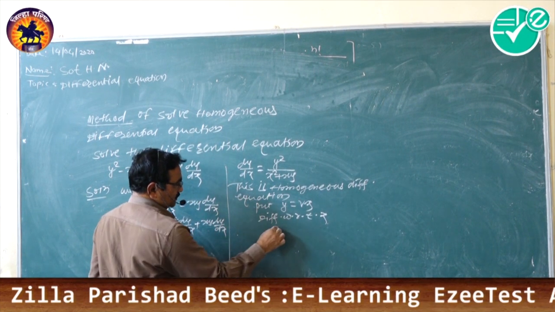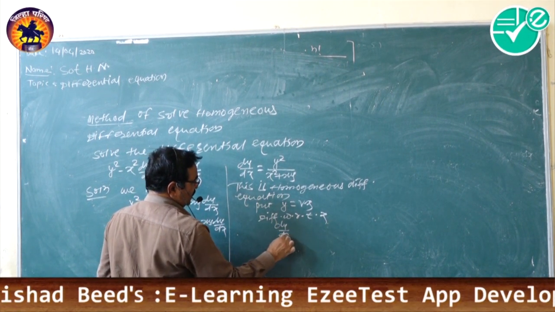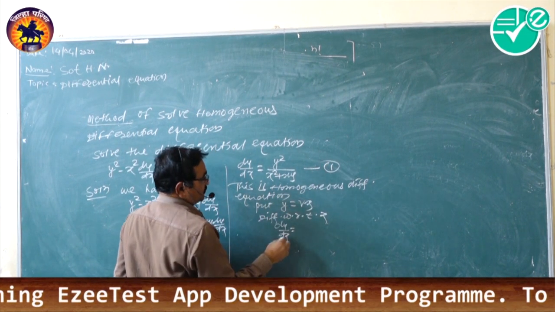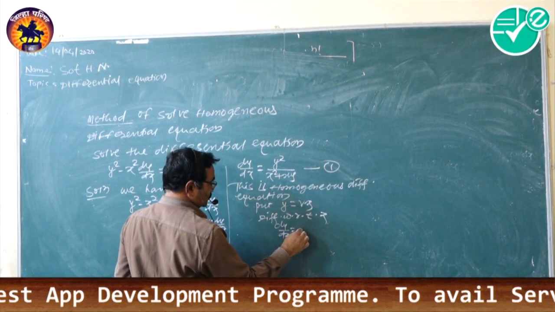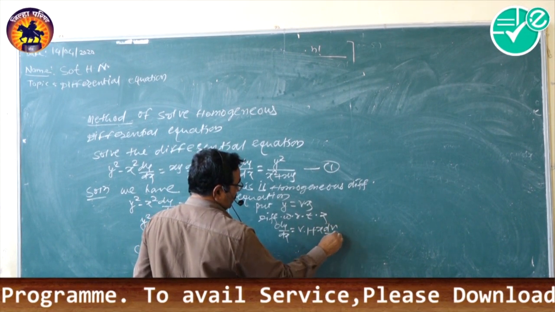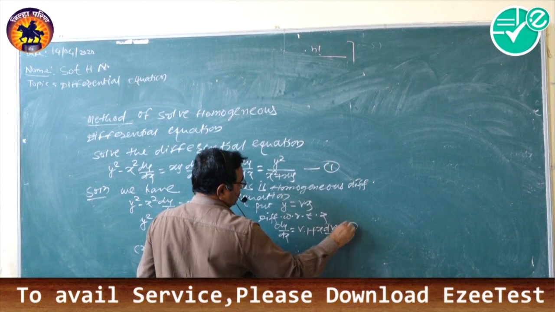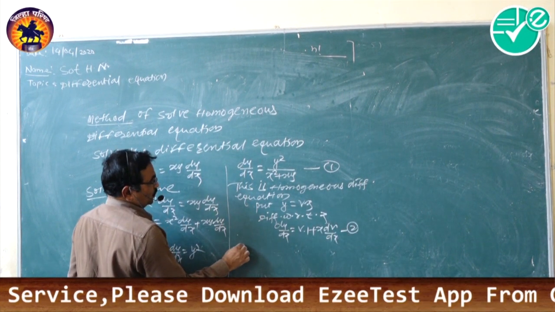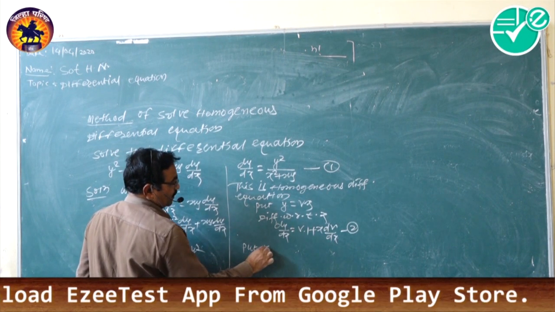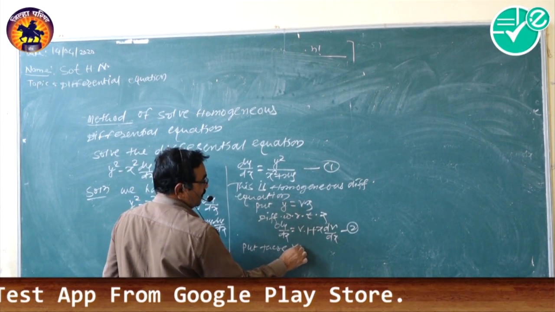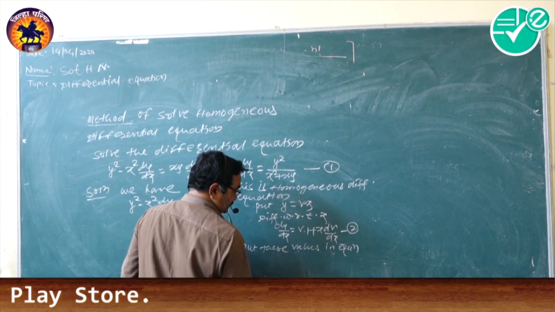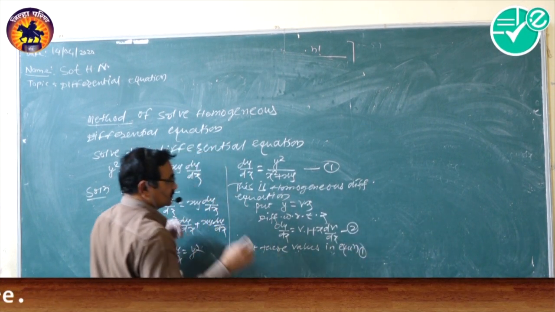It becomes, this is equation number 1, dy by dx equal to v into 1 plus x into dv by dx. This is equation 2. Put these values in equation 1.